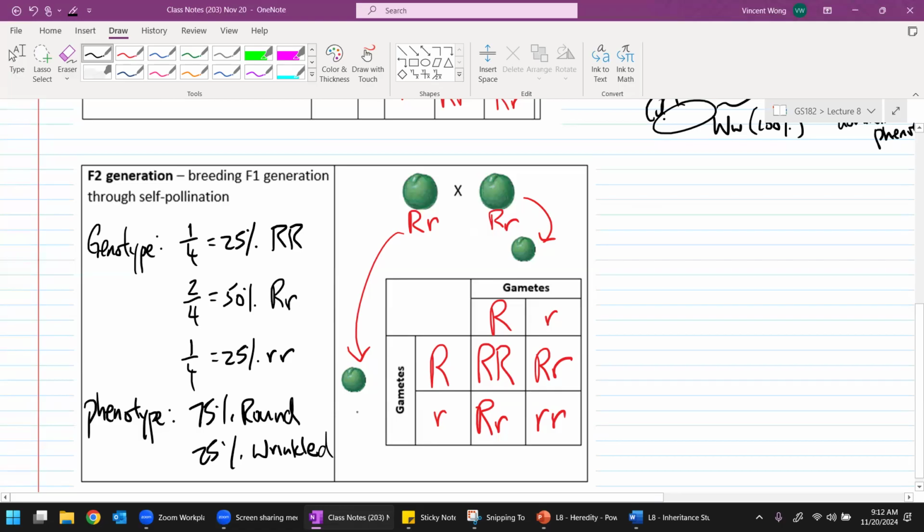That means if you produce 100 plants in the F2 generation, roughly 75 of them will have round seed and 25 of them will have wrinkle seed. Okay? This is called the 3-to-1 ratio. And it happens whenever you have heterozygous parents.